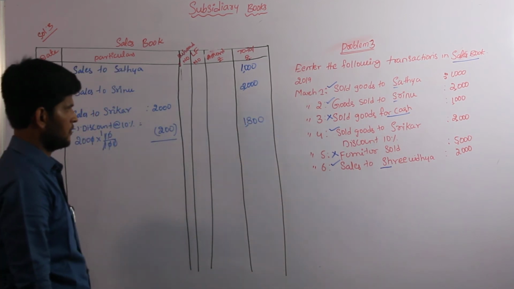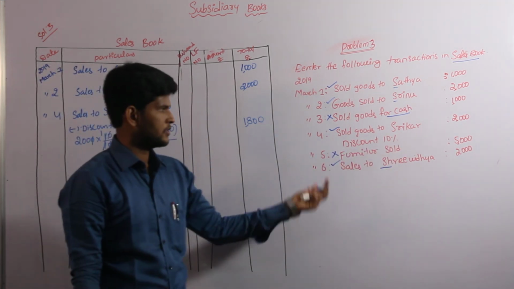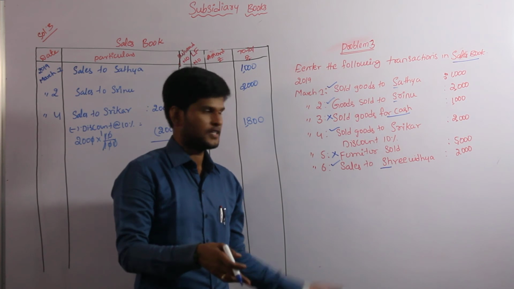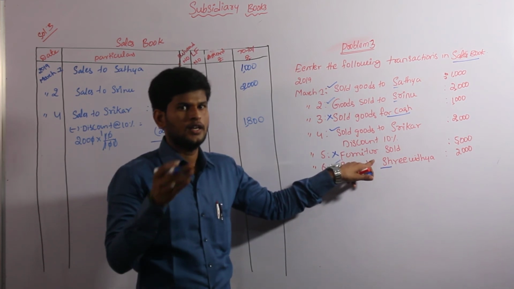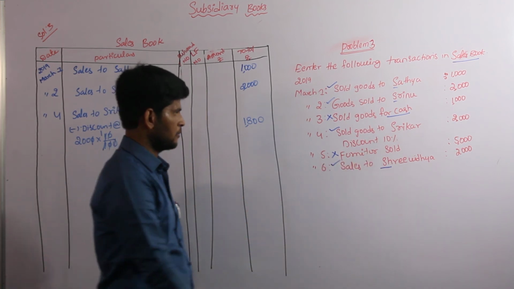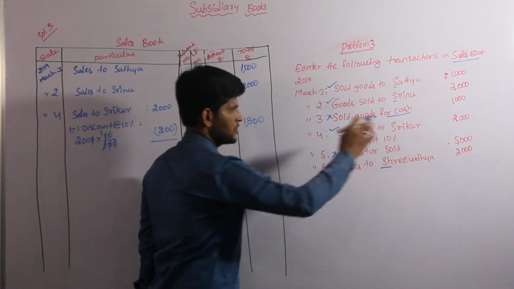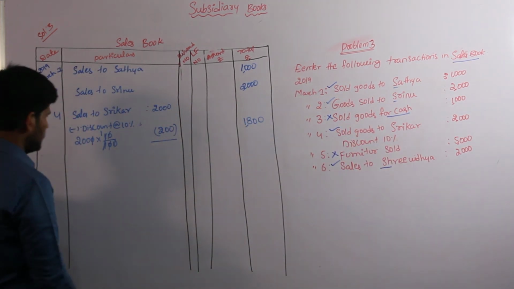And come to the next one, the fifth one, furniture sold. There is no name of the person and there is no cash word. If the name of the person is not there in our transaction, then directly we have to cancel. No need to think whether this relates to the sales book or not. No need to get confused. And come to the last one, sales to Sri Vidya. This is the name in the selling transaction, so it will be considered.